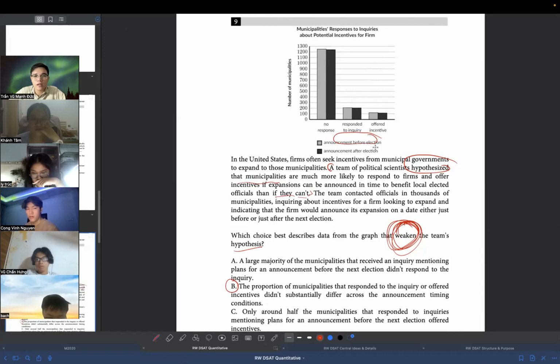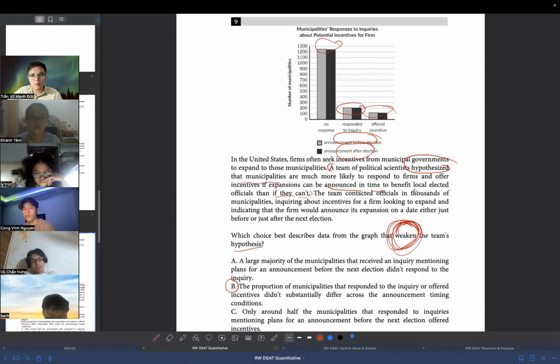Announcement before and announcement after. Let me just read the entire context. In the United States, a team of political scientists hypothesized that municipalities are much more likely to respond to firms and offer incentives if expansions can be announced in time to benefit local elected officials than if they can't. I can see that they don't differ too much here.